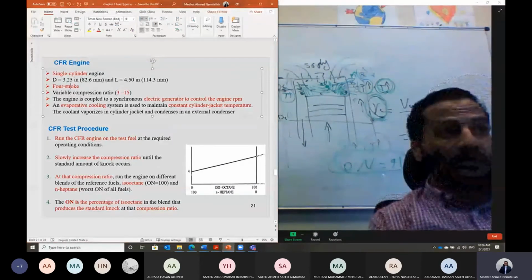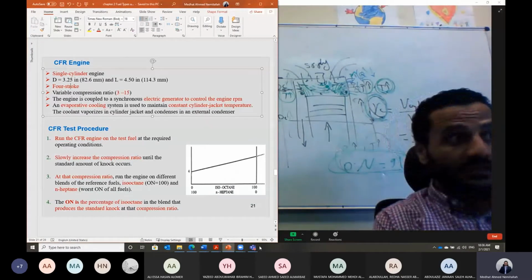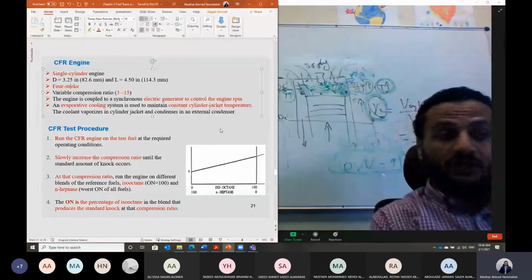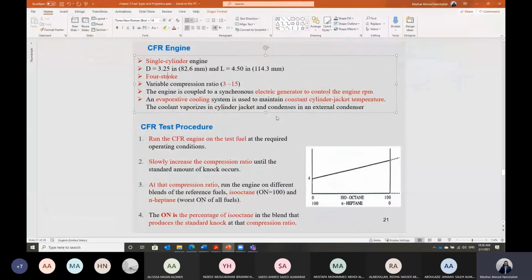It is connected to an electric generator in order to control the running RPM of the shaft, because the test to calculate the octane number of any fuel is performed at fixed RPM. Also, shabab, this engine is connected to a cooling water circuit. We call it evaporative cooling.